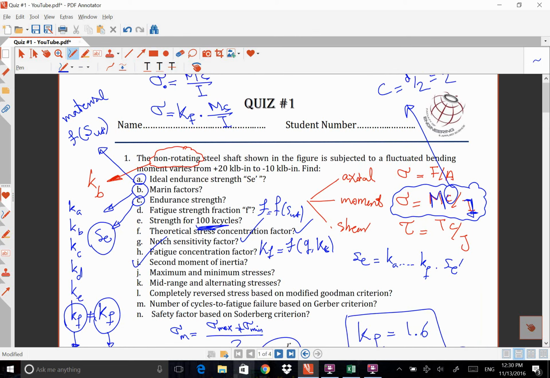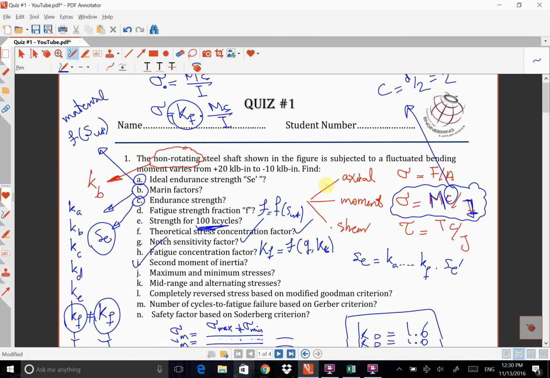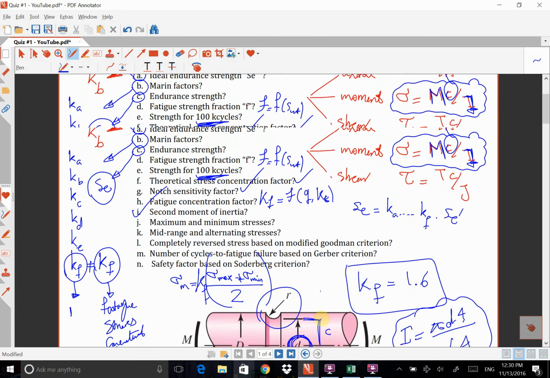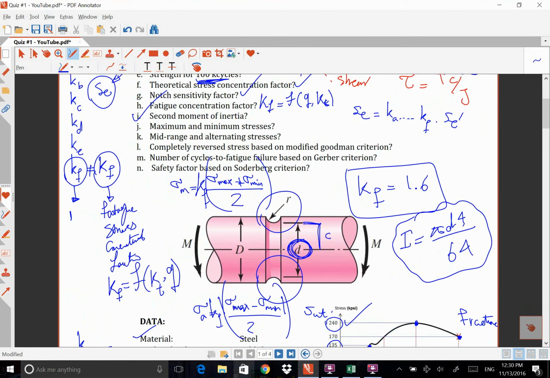If you just say sigma is Mc over I, here at this point you need to use Kf. So that's Kf times this guy and Kf times this guy. But if you use Kf here, you don't need to use Kf here. So we just use Kf once, either for maximum and minimum stresses, or for mid-range and alternating stresses. So we've done these two parts.